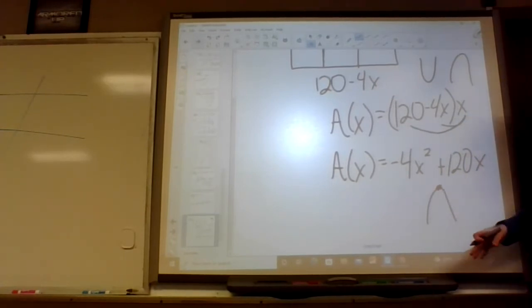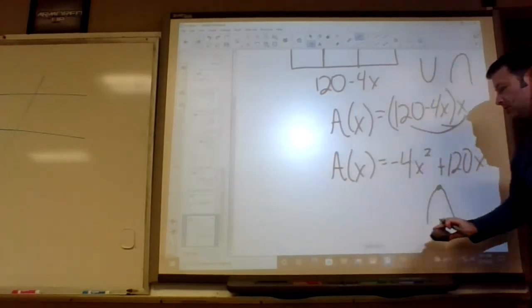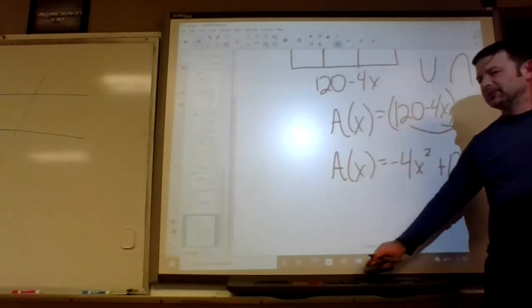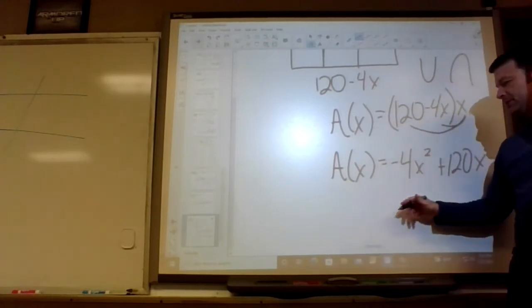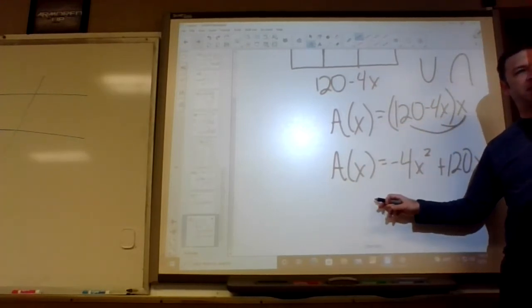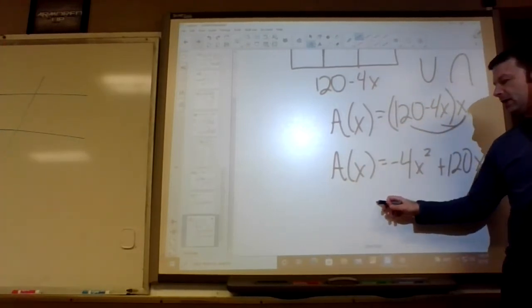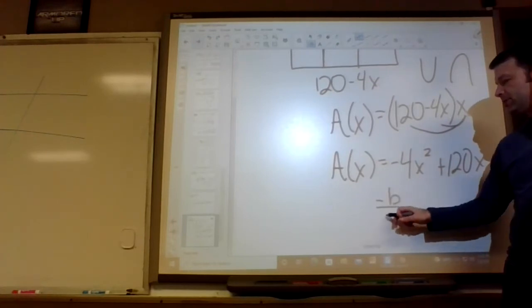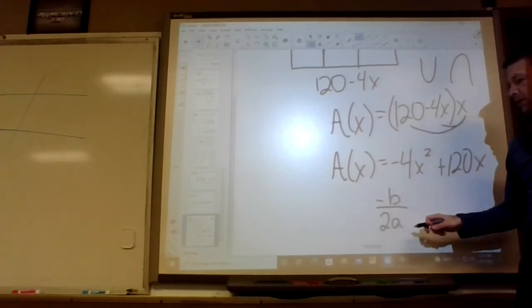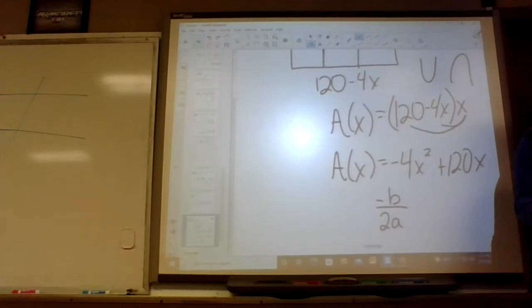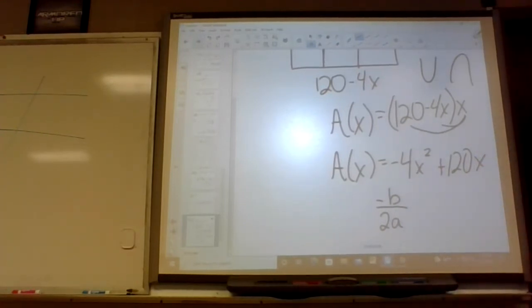How did we find the vertex of the parabola? I told you guys you could make notes for this test, right? This would be a good note. Negative b over 2a gives you the x coordinate of the vertex.